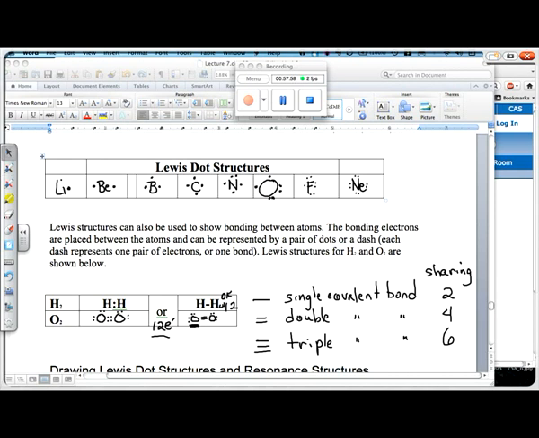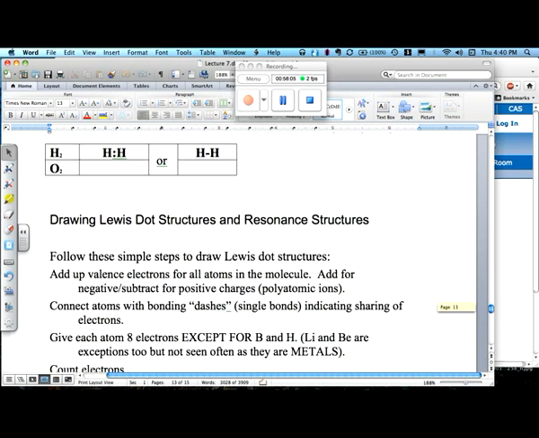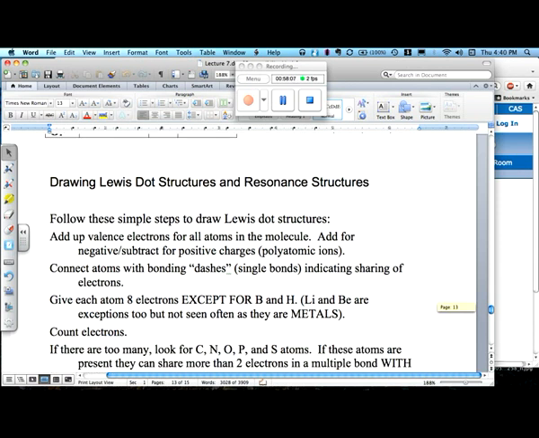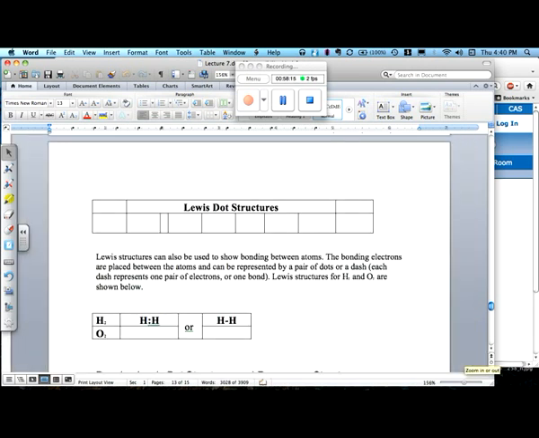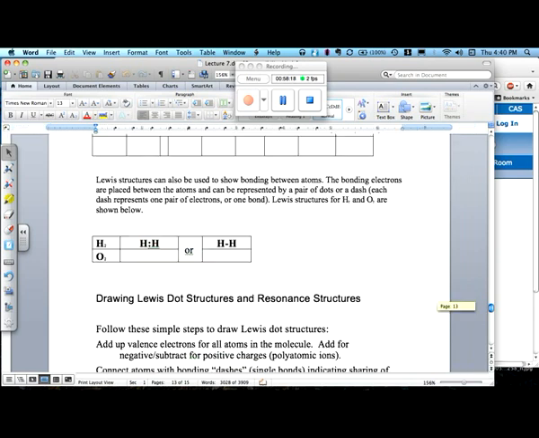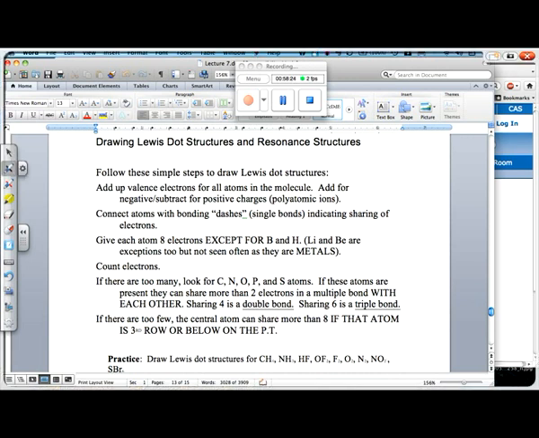Drawing these diagrams is going to enable us to make a lot of predictions about properties, shapes, and so on. So this is what I want you to do. I'm going to decrease the size of this a little bit. I want you to take that index card, and I want you to take these steps that are here, and we're going to put these on the front of the index card.